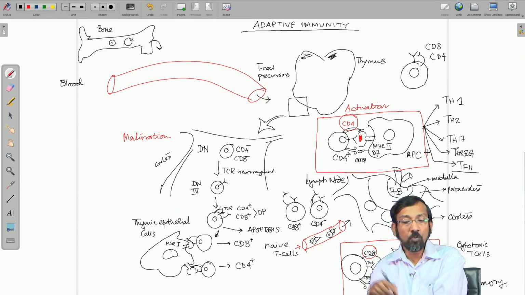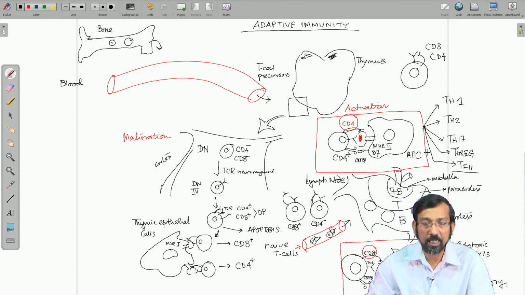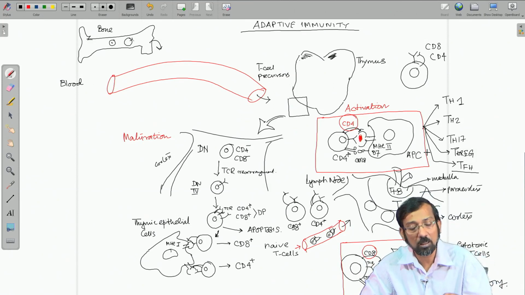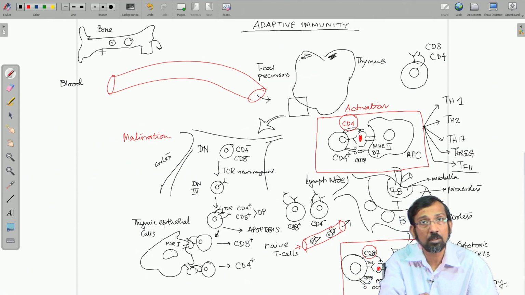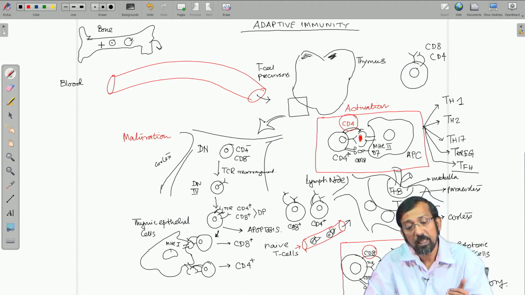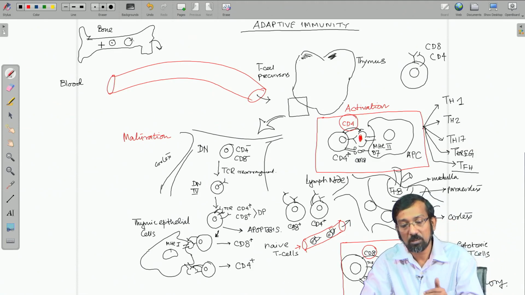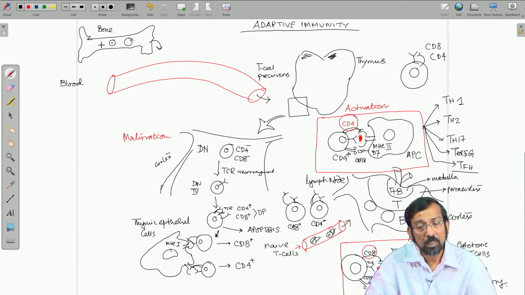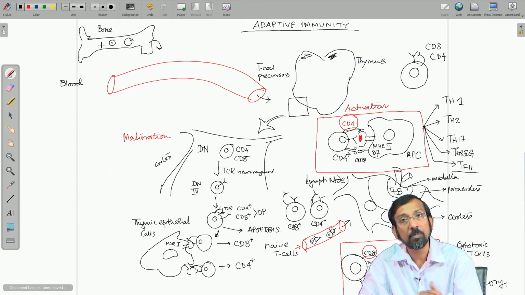So, if we look into the whole picture once again, starting from here in the bone marrow. The T cells and the B cells, the progenitor cells or the precursor cells, they enter into the thymus, the T cell precursors, they enter into the thymus. Inside the thymus, they get matured.